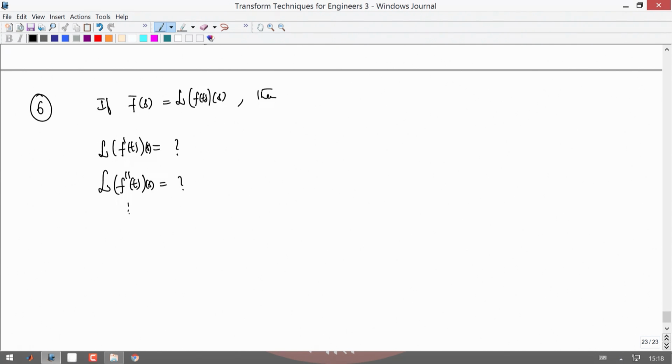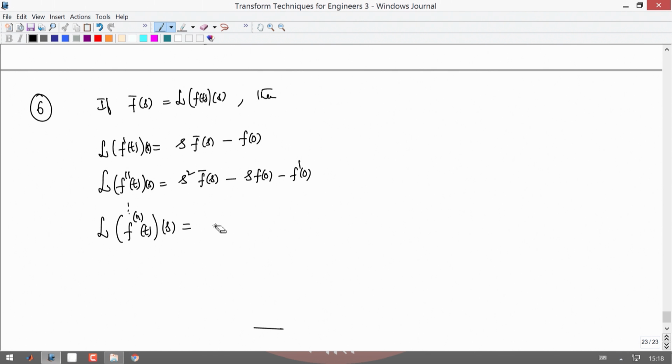In general, what is the Laplace transform of n derivatives of a function of t, which is a function of s at the end? So let me write this. What we will have is s times f bar of s, which is the Laplace transform, minus f at 0, the value of the function at 0, and here you have s square f bar of s, and then minus s f at 0, and then minus f dash at 0.